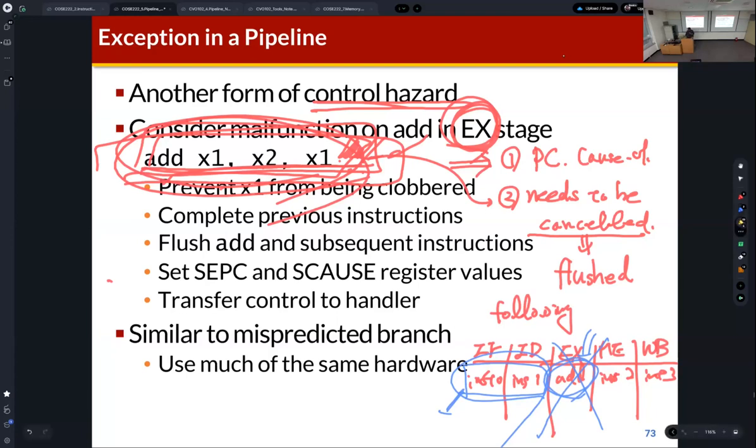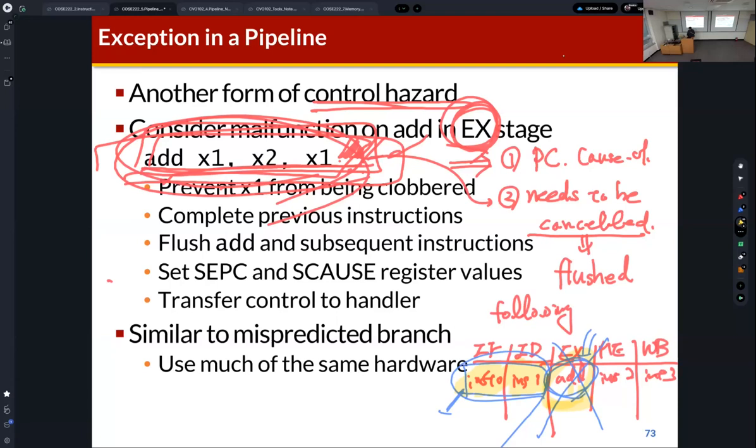I said that when an exception is detected, the processor calls the exception handler. It jumps to the exception handler, right? Which means these instructions are incorrectly fetched. Do you understand? Because after this add instruction, the processor needs to execute the exception handler.